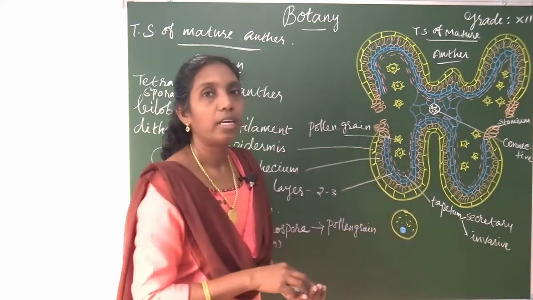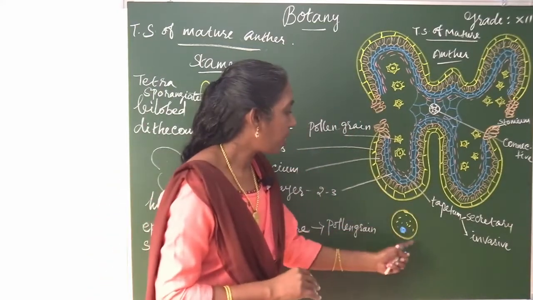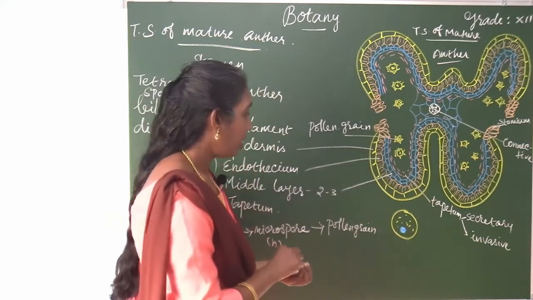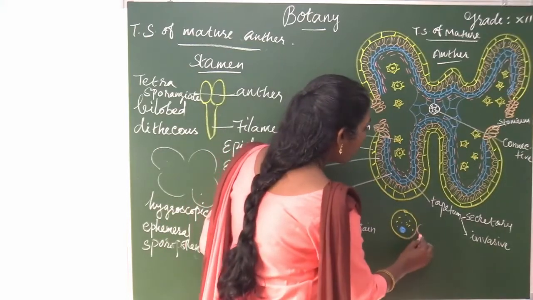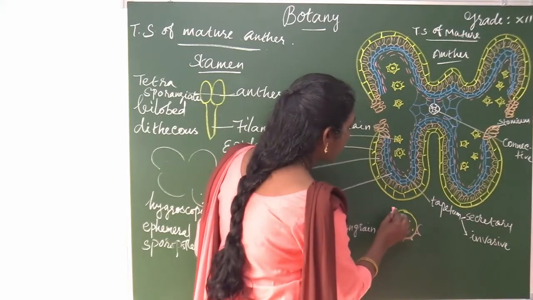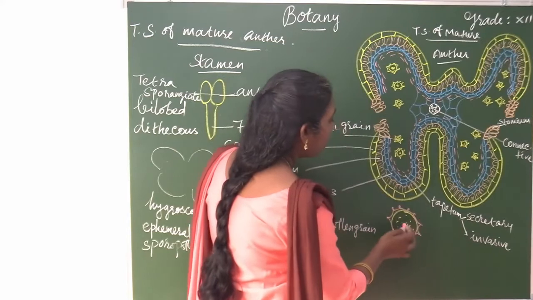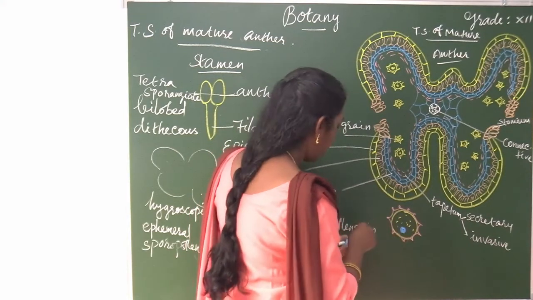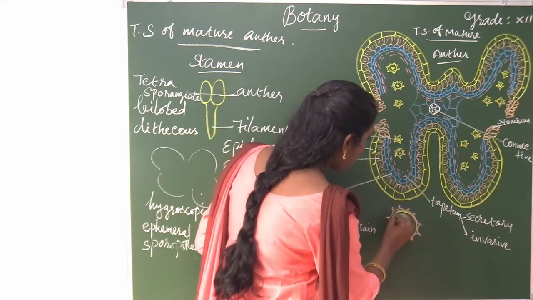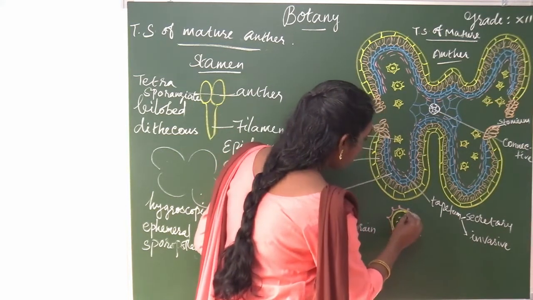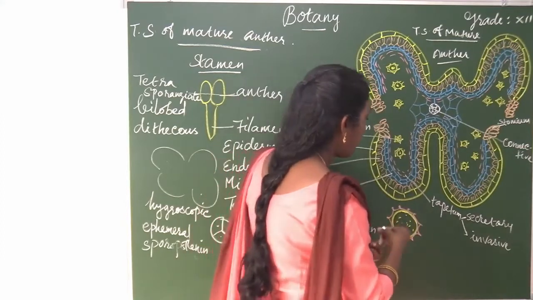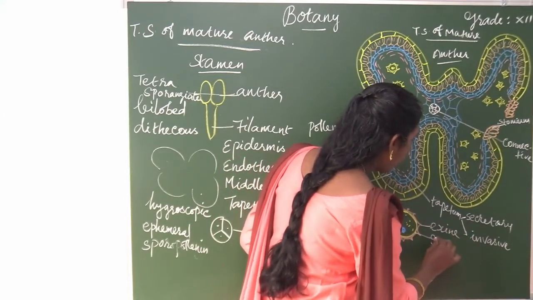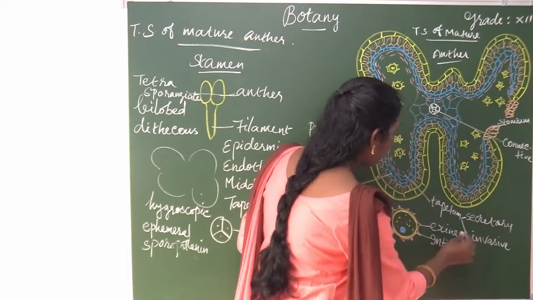This protoplast is surrounded by wall layers. There are two different wall layers. The outer layer is called the exine and the inner layer is called the intine. So, this layer is intine, the outermost layer is exine.